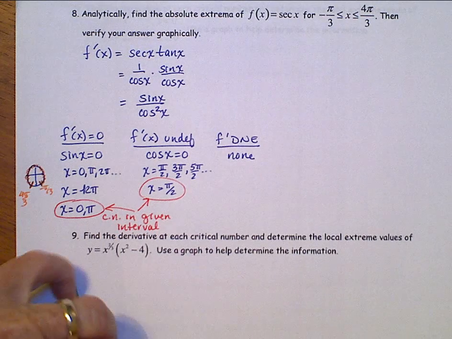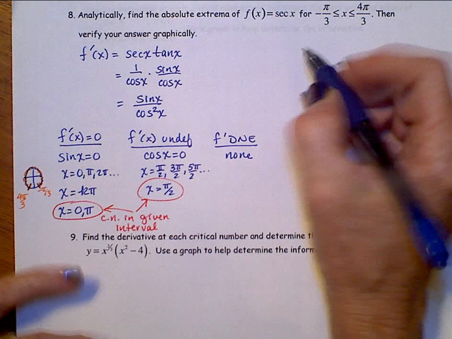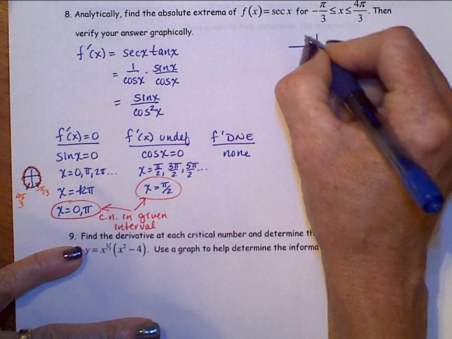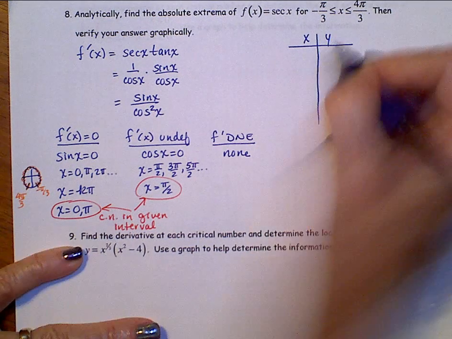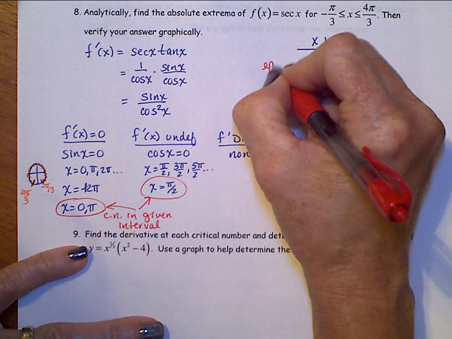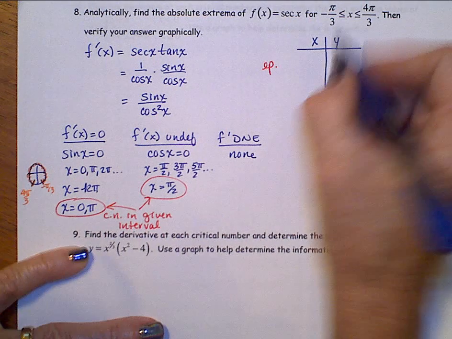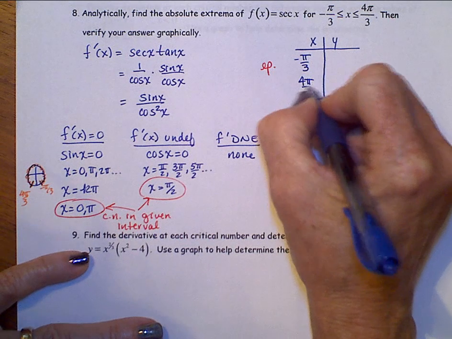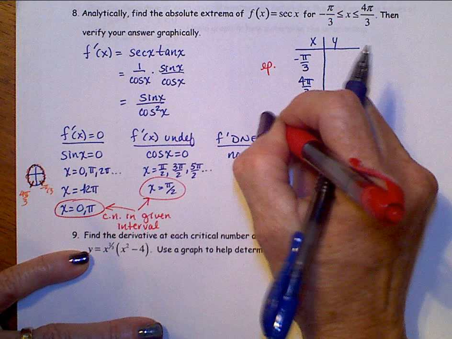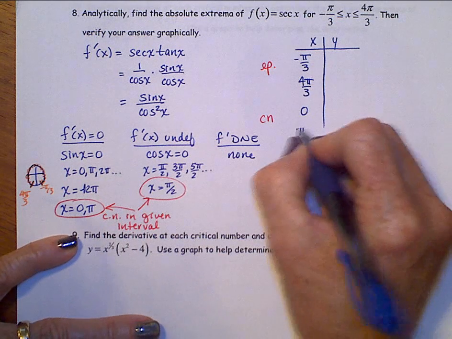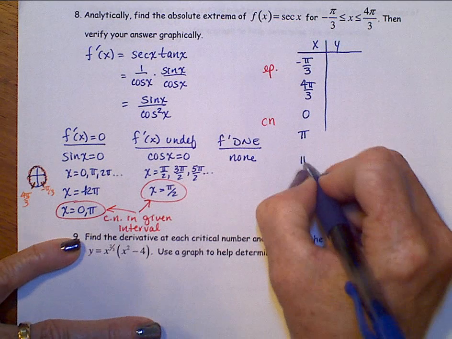All right, so once we have those critical numbers, then we'll set up our t-chart. And let's check the endpoints. Endpoints are negative pi over 3, 4 pi over 3, and then our critical numbers, 0, pi, and pi over 2.